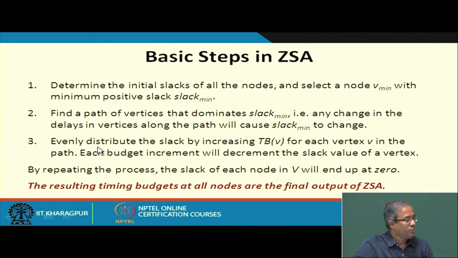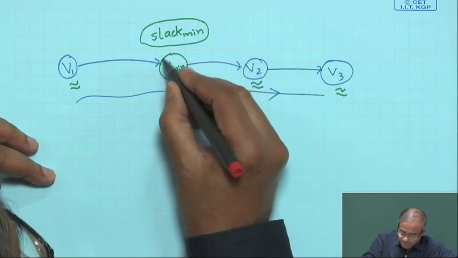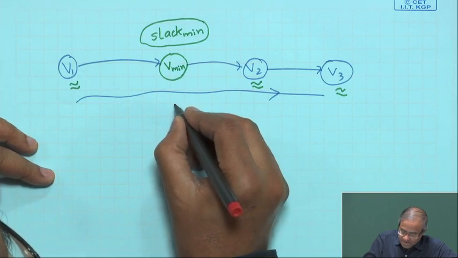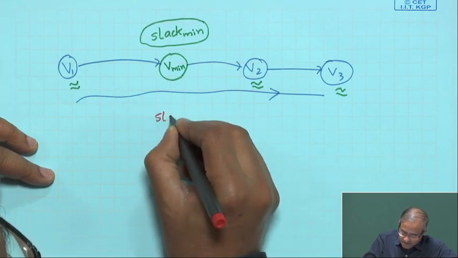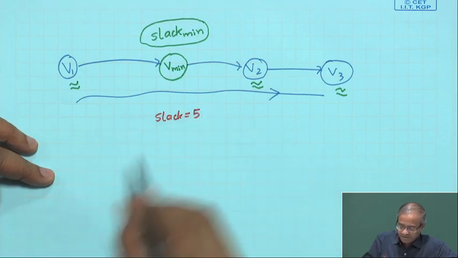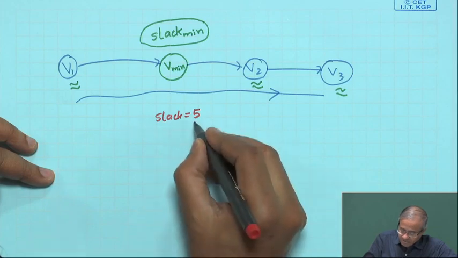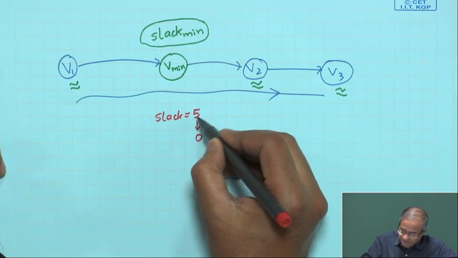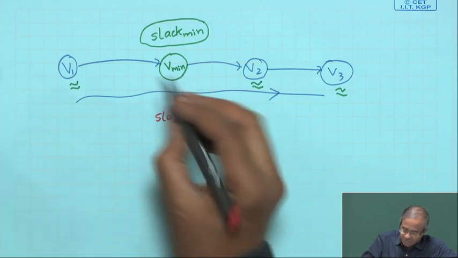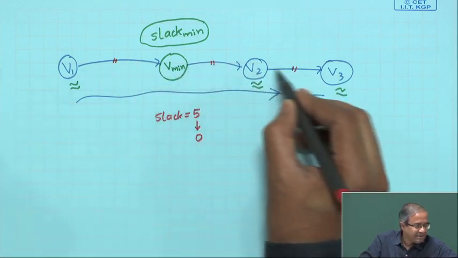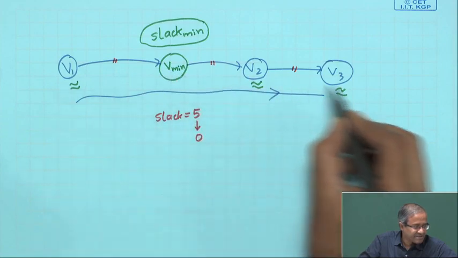Okay. Now, this step is important, let us understand. Suppose you find that in this vertex your slack value was, let us say, 5. So, the third step says you have to make the slack value 0 somehow. So, this slack value of 5 you try to distribute among these vertices along the path.